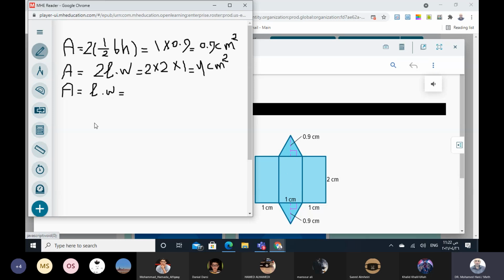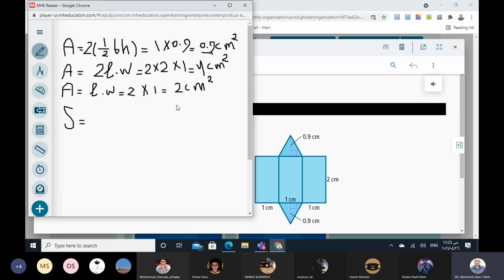So here 2, here 2. 2 times 1, times the width, which will be 1, equals 2. 2 times 1 equals 2 centimeters squared. Now to find the surface area, S equals the sum of all the areas.